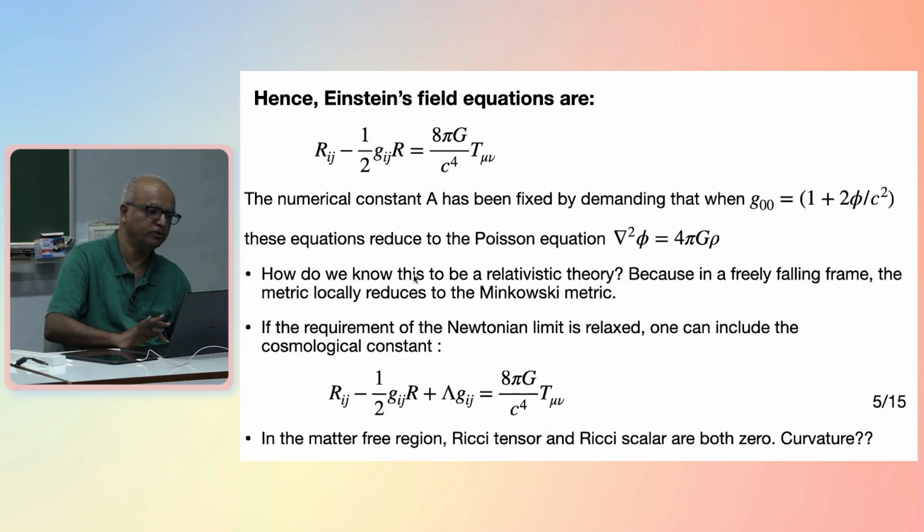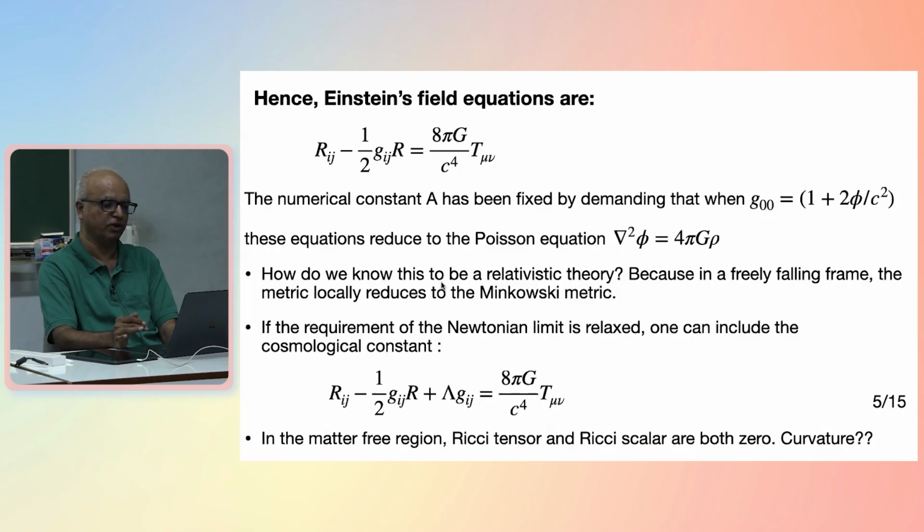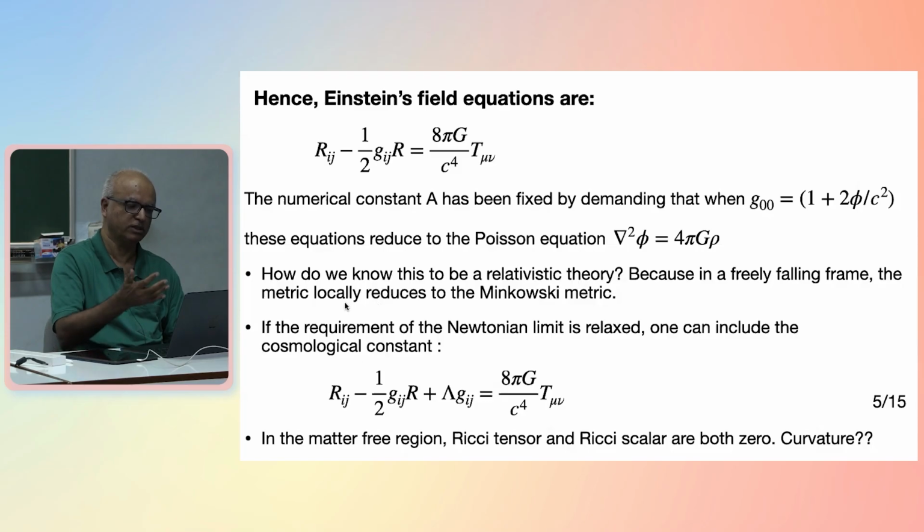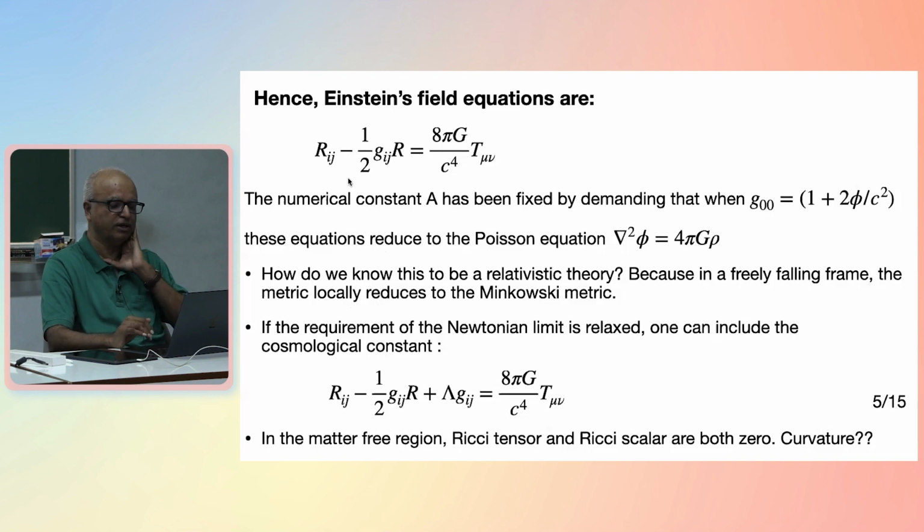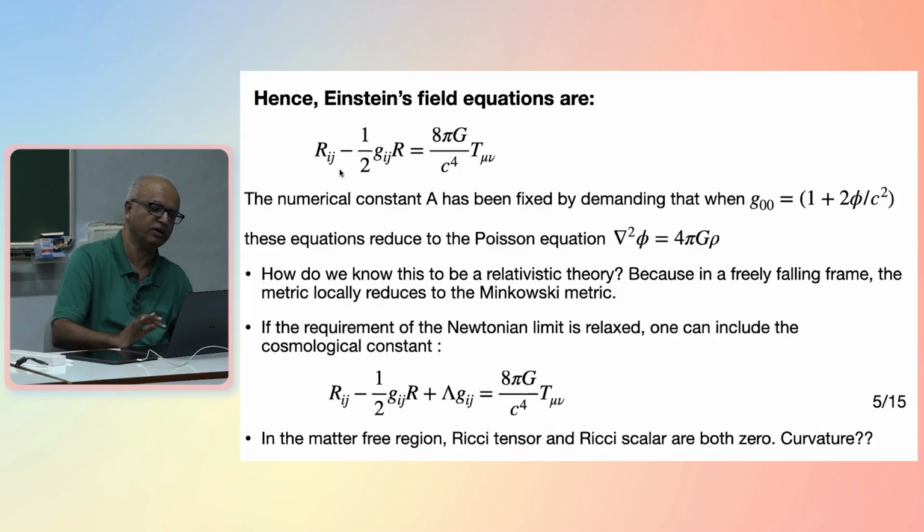So how do we know this is a relativistic theory? Because in a freely falling frame, the metric locally reduces to the Minkowski metric, right? That is the reason why this is a relativistic theory. And as we said yesterday, Newtonian gravity can also be described as curvature, because this is just a special case of these equations where space-time geometry is interpreted as curvature.